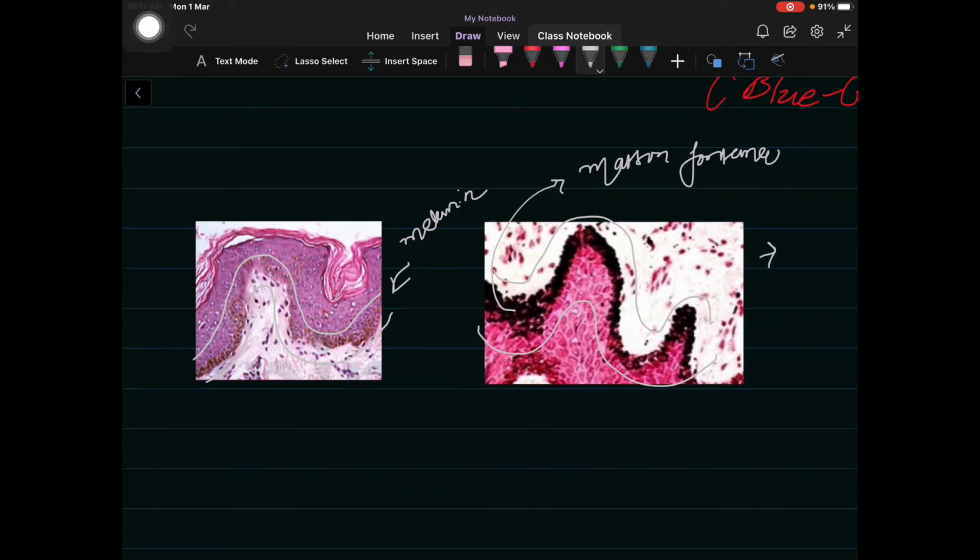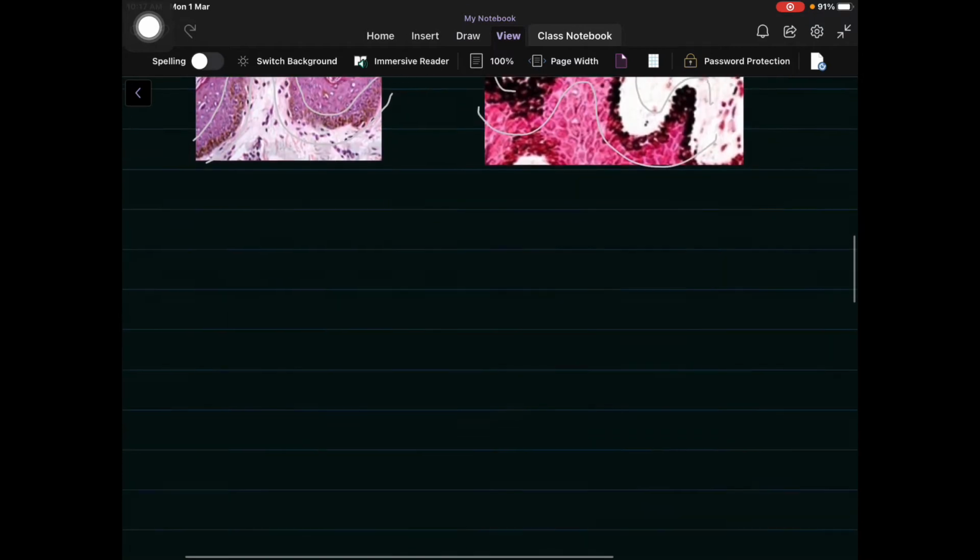In this picture the melanin is stained by the Masson Fontana, so it gives the black color. It changes from brown black to perfect black in color. So the special stain is used to identify the particular pigments.